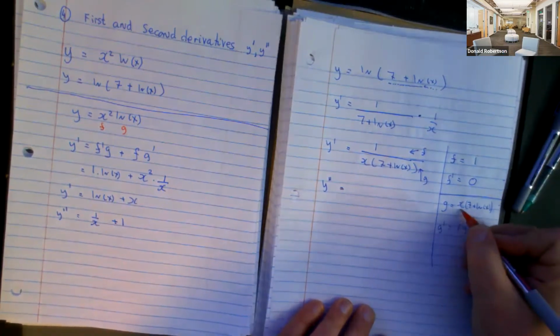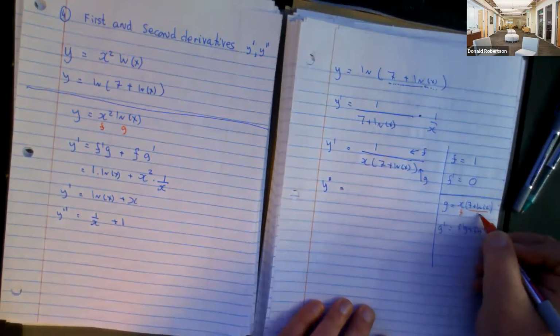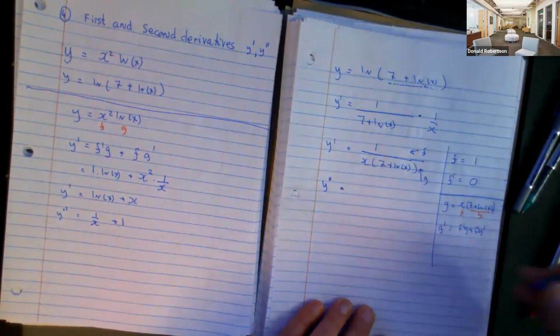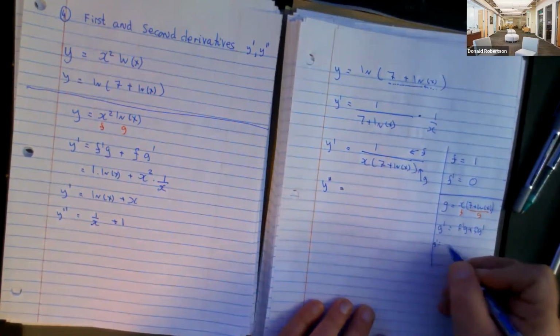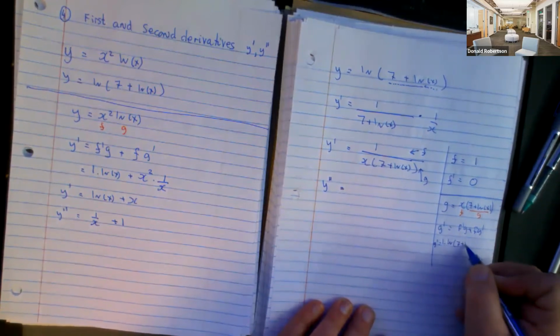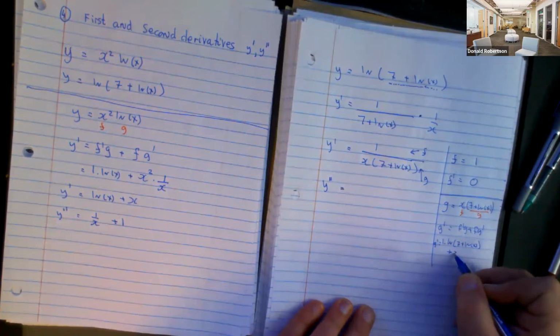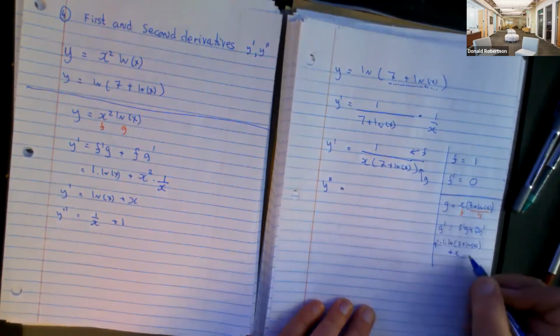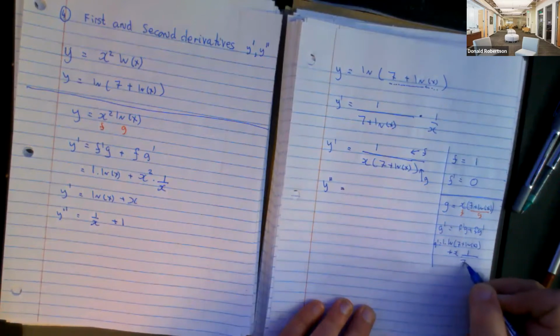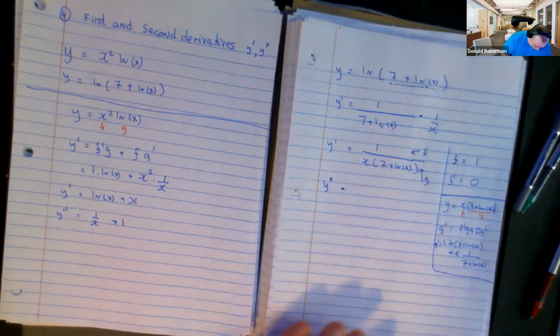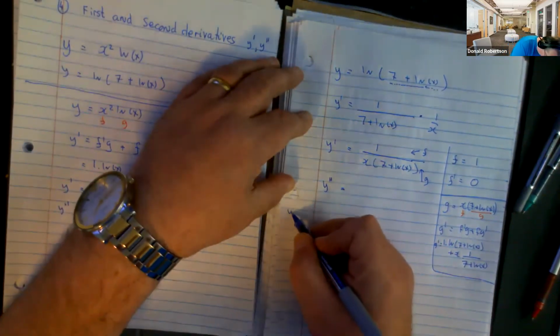We'll call this fella f and this whole piece here g. So it's going to be 1 times the natural log of 7 plus log x added to x times, and the derivative of that is 1 over 7 plus ln of x. God, that's ugly. I'm going to have to move this over here.